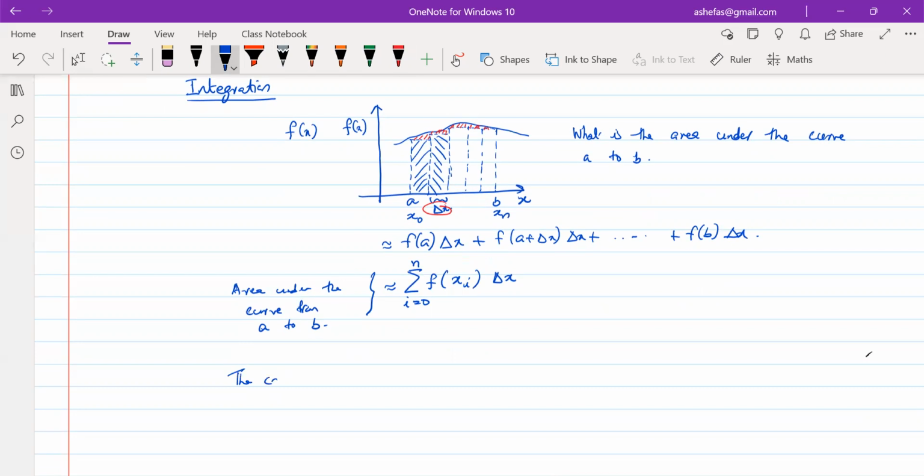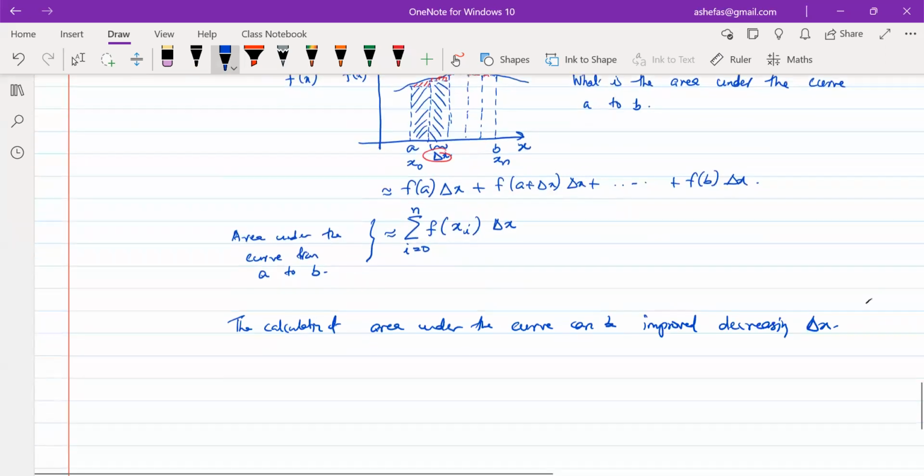So the calculation of area under the curve can be improved by decreasing delta x. So if you take delta x as small as possible, then we'll get the exact area.